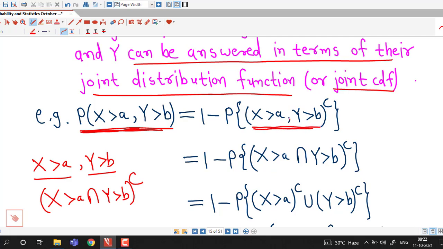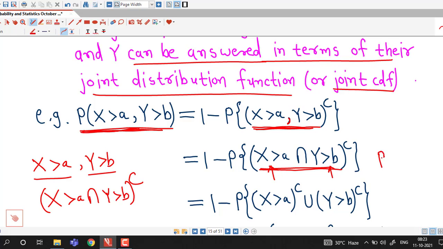Now we know that this comma indicates and, so this is nothing but the intersection of two events. Now we know that if we take the complement of an intersection, then this is equal to the union of the complements of these two events by De Morgan's law.